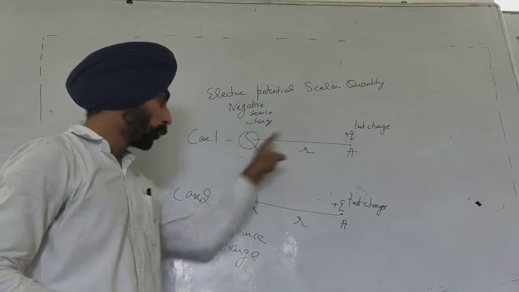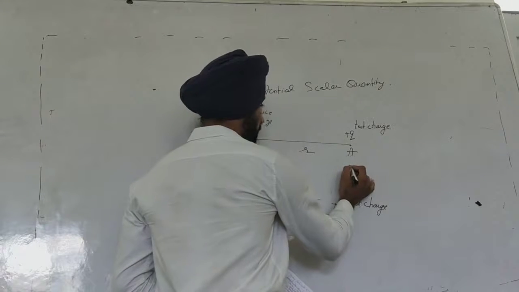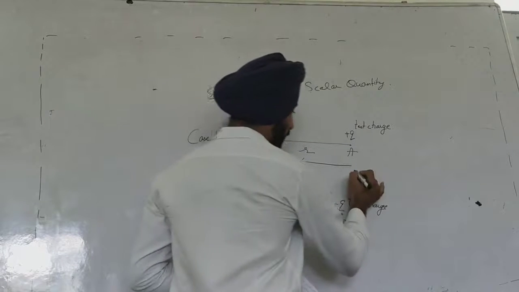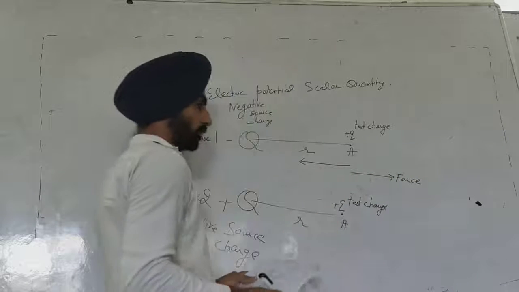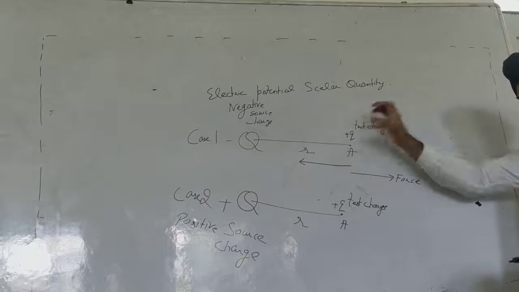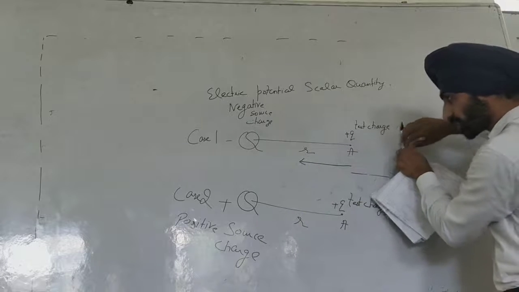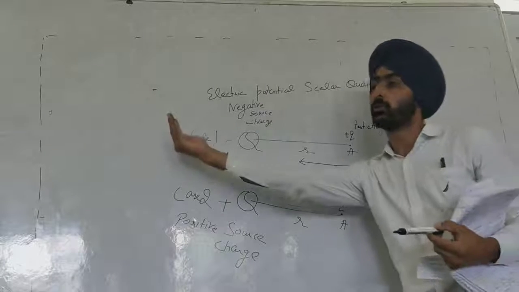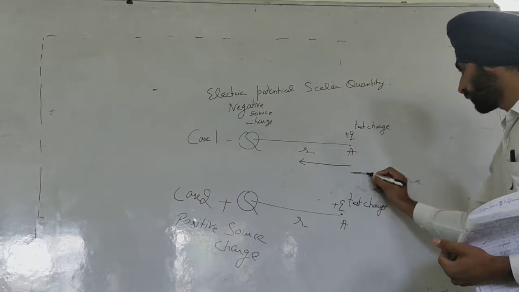This minus Q will attract this plus Q. So this plus Q will try to come in this direction. But we will apply force in the opposite direction in order to avoid acceleration. It will try to move in this direction, but I will apply force so that no acceleration is produced in the test charge. It will not start moving fast; it will move slowly. The force applied is in this direction, but the displacement of the test charge is in this direction.